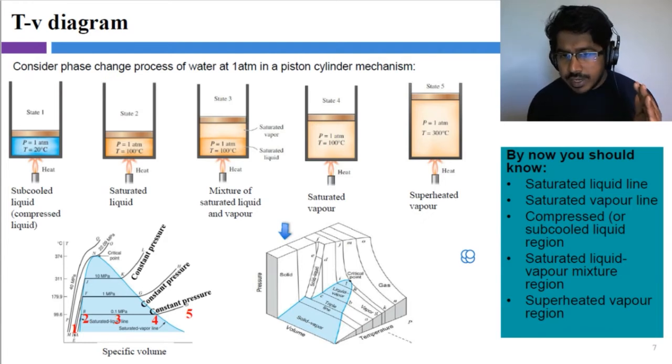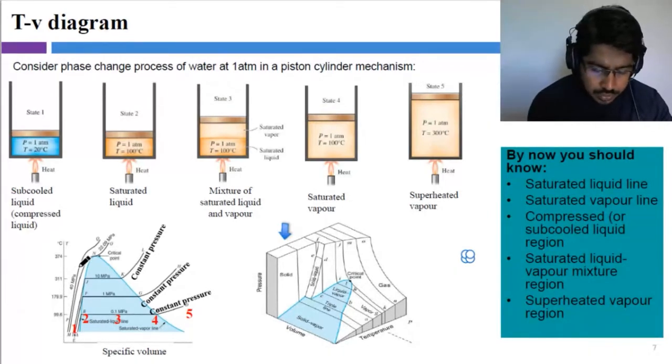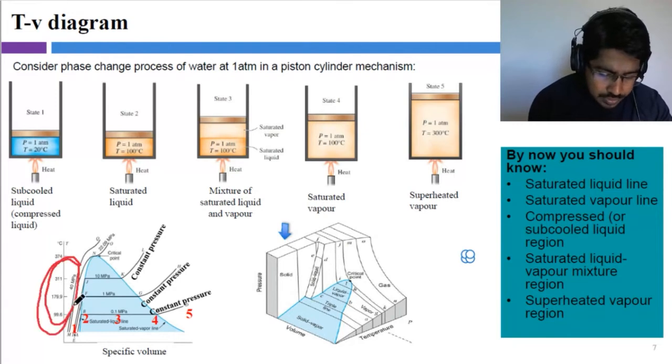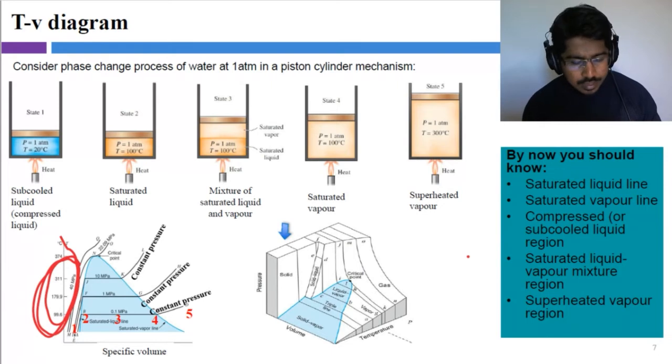Importantly, on the saturated liquid line there's only liquid, and on the saturated vapor line there's only vapor. And compressed liquid or subcooled liquid, it's the same thing for the liquid region. So this region contains liquid. We already know that, right?